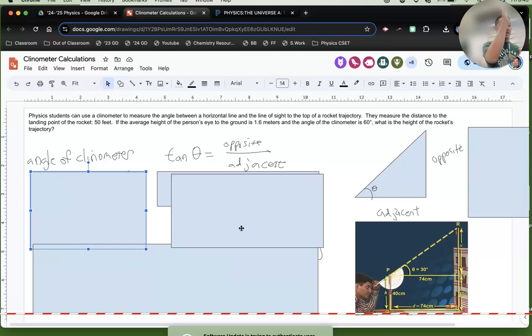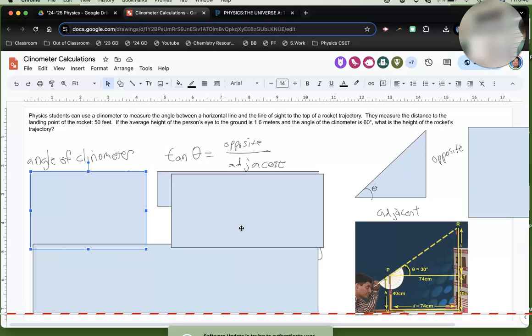Remember, when the string is hanging perpendicular, it's at 90 degrees. So if you're going to really get the angle of the straw when it lifts, you have to subtract 90. Okay, I'll repeat that. When your straw's flat, in other words, the rocket has not launched, the string is hanging at 90. So what you have to do as a physics student is see how far the clinometer moves from 90.